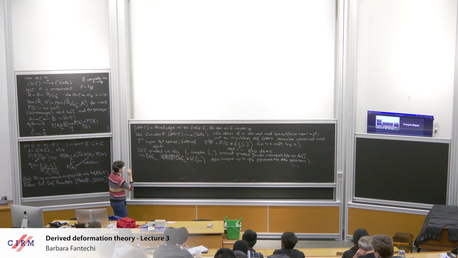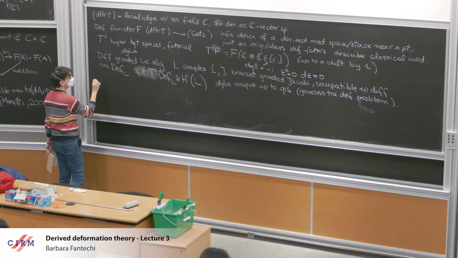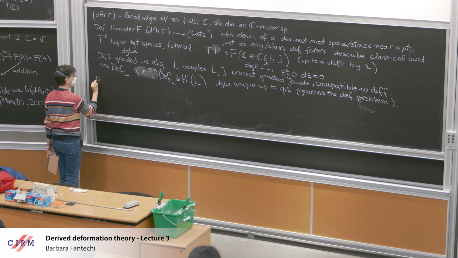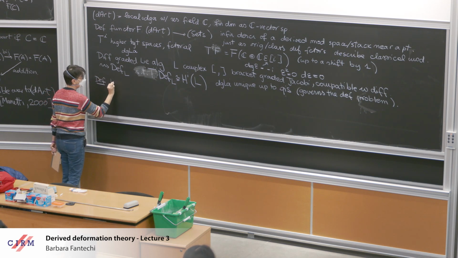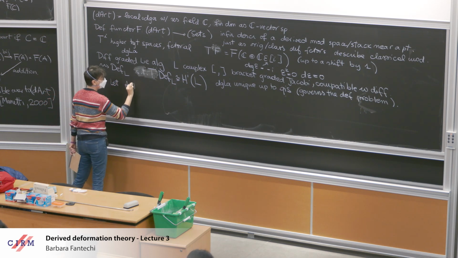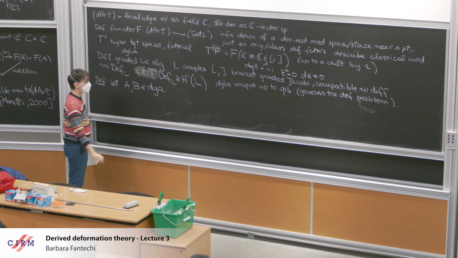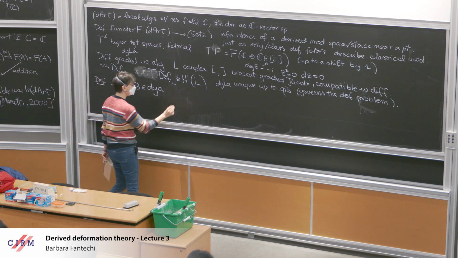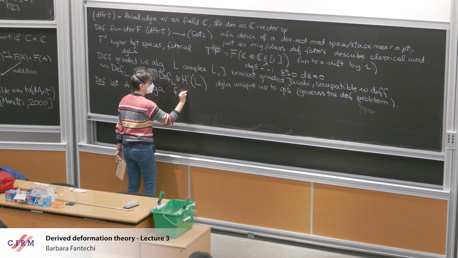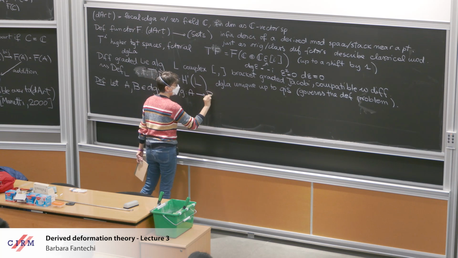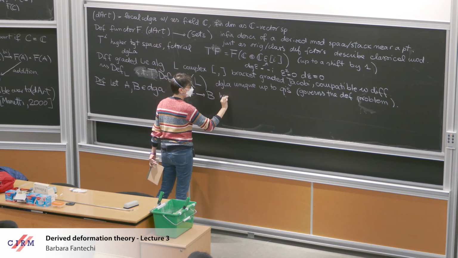And so what I can do is, definition: let A and B, for the moment just be in DGA, differential graded algebras, and F and G from A to B some homomorphisms.